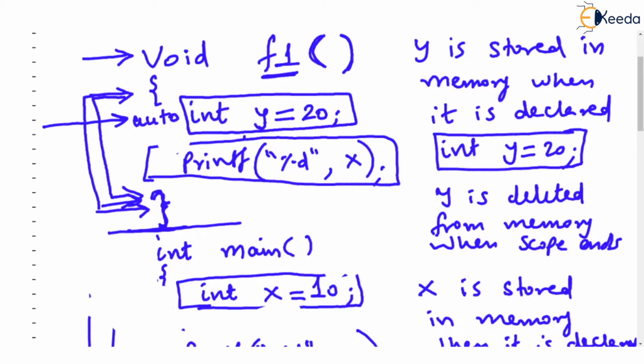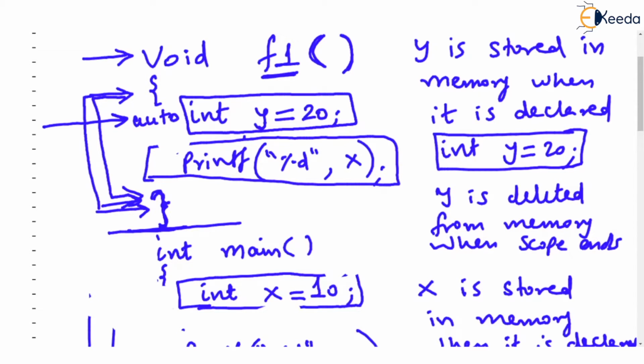A variable might be int, float, double, or char, that is character. A variable always has a data type and a value, like 20 here. But a variable has a storage class also. And the storage class of this variable y is auto. Any variable which is declared within the scope, within the boundary, has auto storage class.